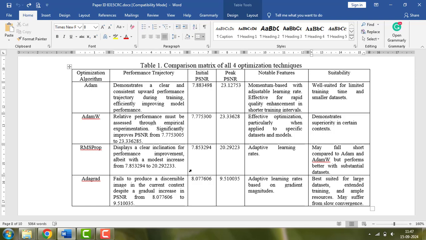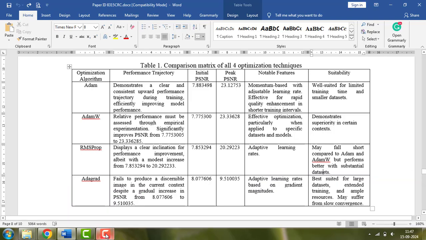Adagrad fails to produce good results with the current context, despite a gradual increase from 8 to 9.5, with adaptive learning rate based on the gradient magnitude, best suited for large data sets. If I compare with the first three, it is not performing so well, but as I already told, it may suffer from slow convergence. So this is about the comparison.